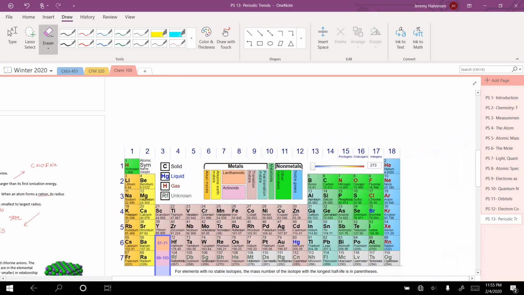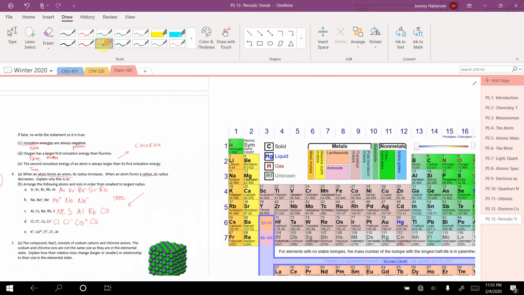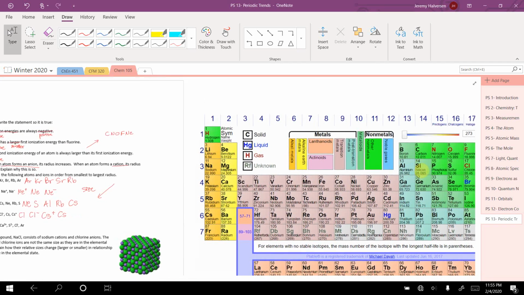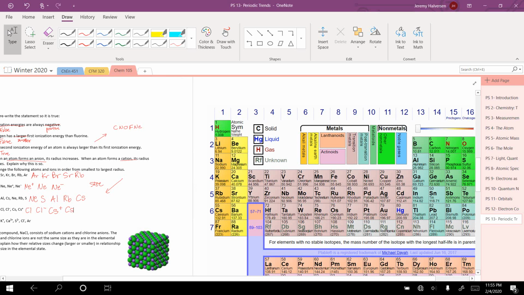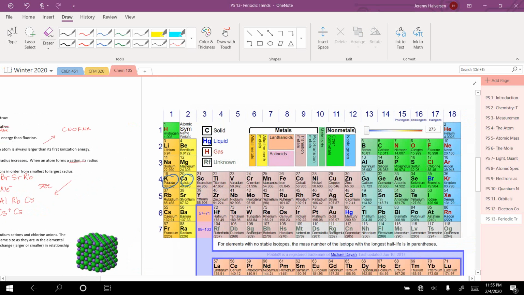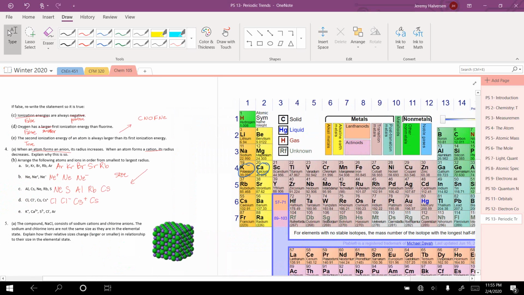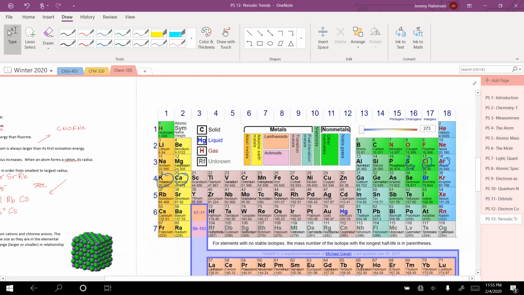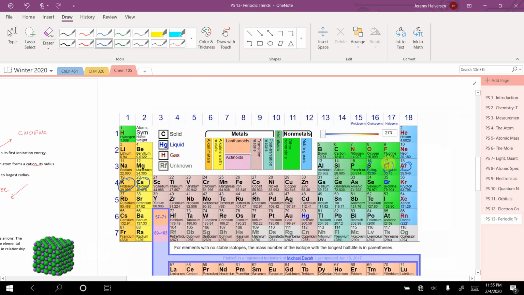Alright, and next we have K plus, Ca2 plus, argon, Cl minus, and S2 minus. Interesting. So all of these are going to have the same number of electrons as each other.